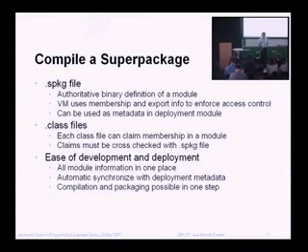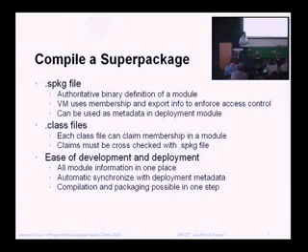The .superpackage file is the authoritative binary definition of the modules. It consists of the module's name, export, membership, import, etc. And at runtime, the JVM will make use of the membership and the export information to enforce the access control. This file can also be used as the metadata in the deployment modules.